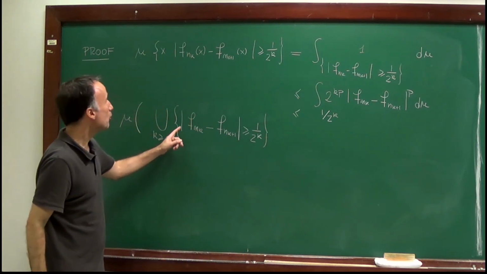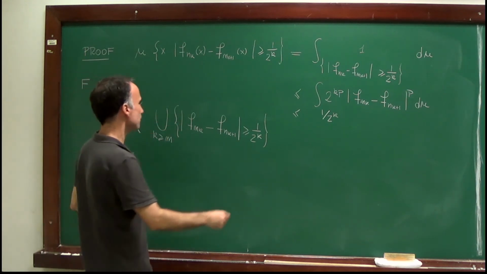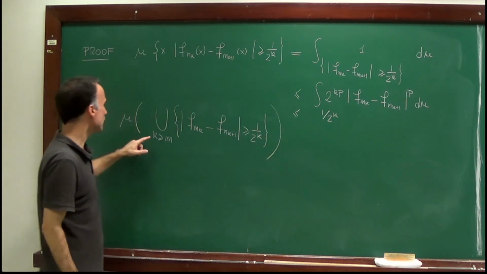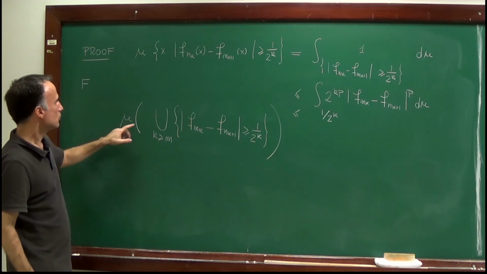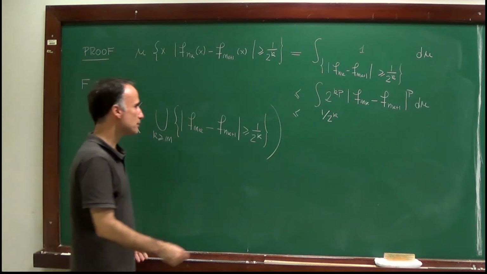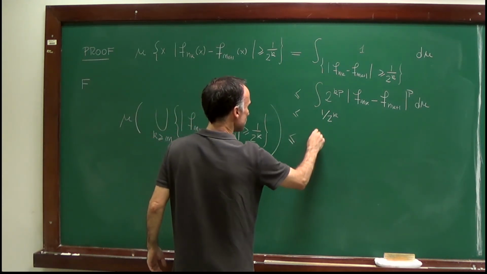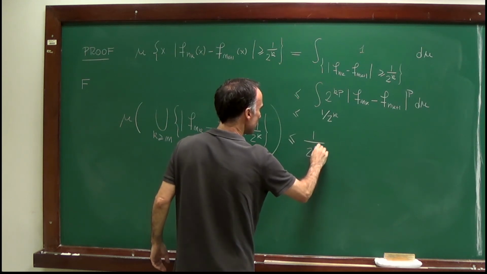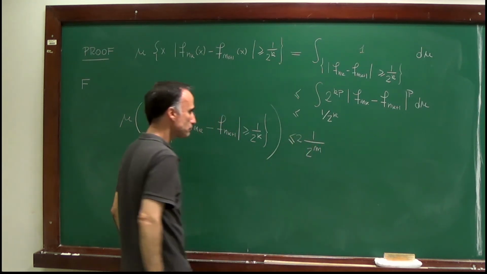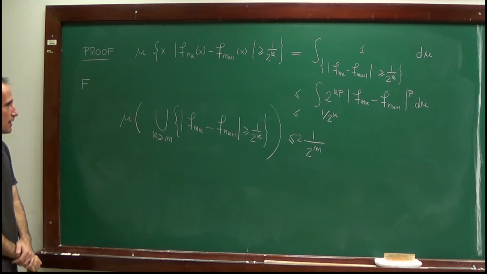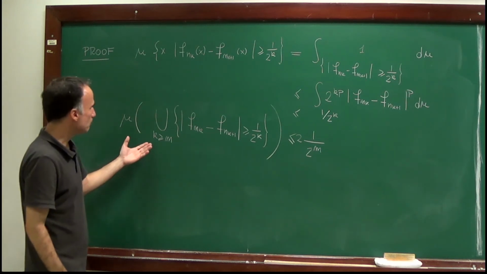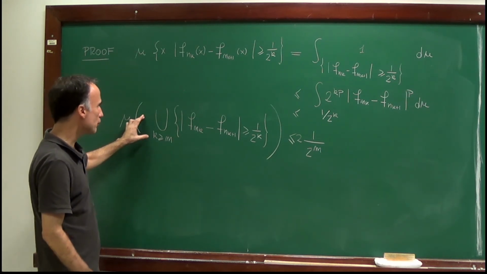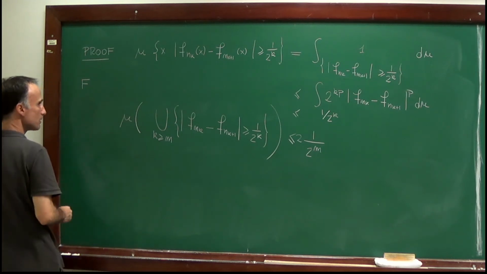These are the sets of points, exactly these sets, and I'm taking the measure of the union of these sets. So I'll bound that by the sum of the measures, and this will give me 2 to the power minus m times 2. So I have this estimate. Now I can take the intersection over all m, and this will be my set F.